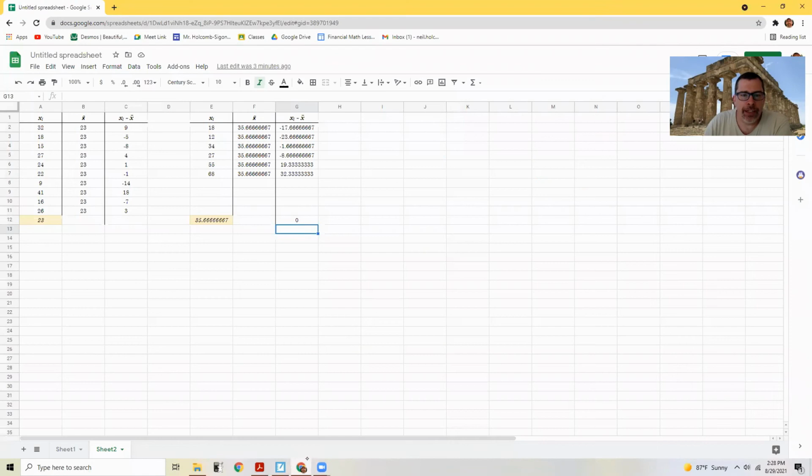So if I go back into here, what they're saying is we want to have a new column. Let's just do Control C, Control V, and put parentheses around it.